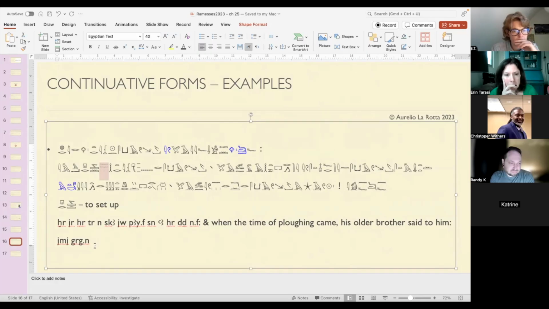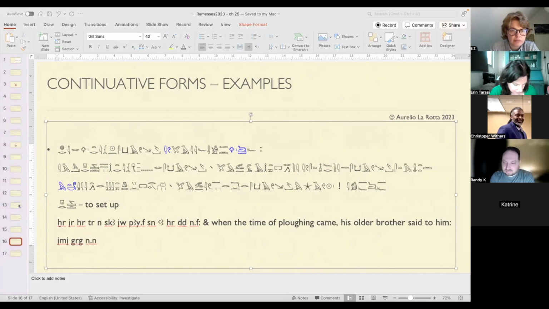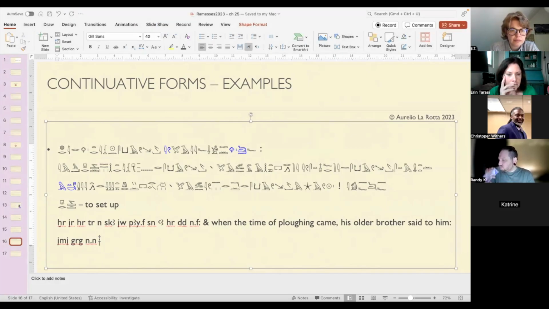That happens too. I honestly don't know which of the two it is. Maybe I'm just going to go with this, but I'm not completely sure. Let me see what Ramesses Online has. Let me go there. They have nen. They have for us. So let's run with it. But yeah, it could be two different things.